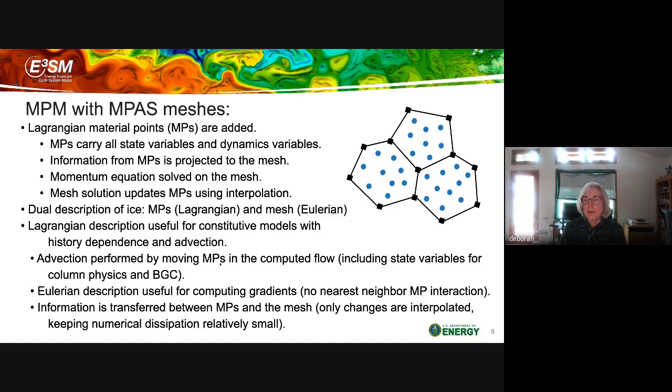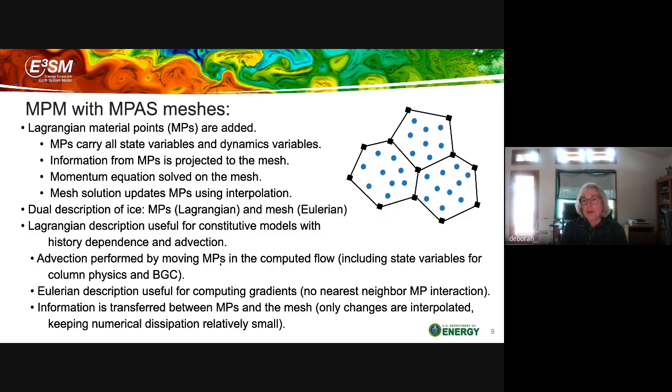And what we do is take information that's carried by the material points and project it onto a mesh, in this case, the polygonal mesh, solve the momentum equation on the mesh, and then use the mesh solution to update the material points. And that's in outline what MPM does, and I'll talk some more about it in following slides. This is just an overview.